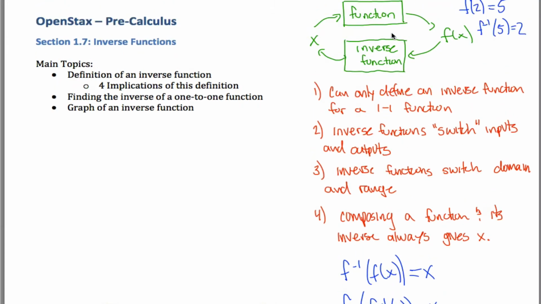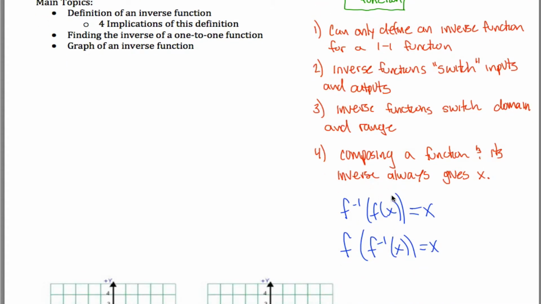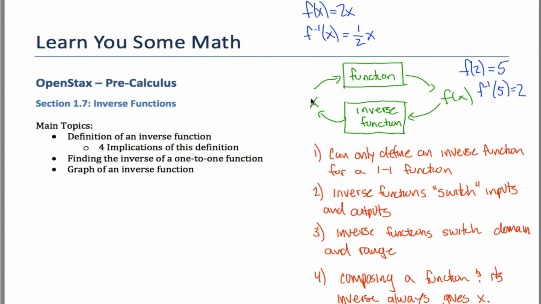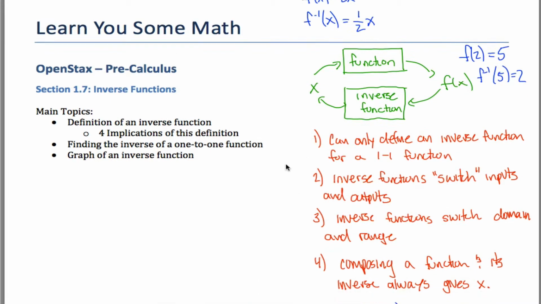I think I can prove all this with this picture right here. If I take something, and maybe I call it x, and put it into my function and then into my inverse function, that's this picture right here. You put it into your function, and then what comes out of that goes into your inverse function. What would come out would be x. It would be exactly what you started with. The function messes it up, the inverse function unmesses it up and gets you back to where you start.